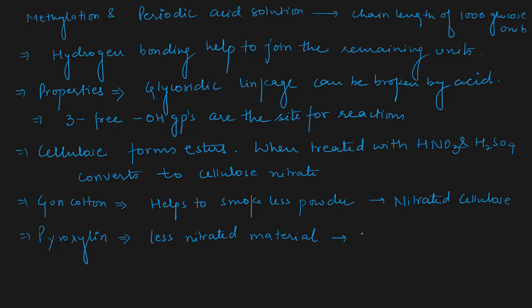It is used in the manufacturing of plastics like celluloid or collodion, which are used in photographic films and in lacquers. It is inflammable and forms highly toxic nitrogen oxides upon burning.